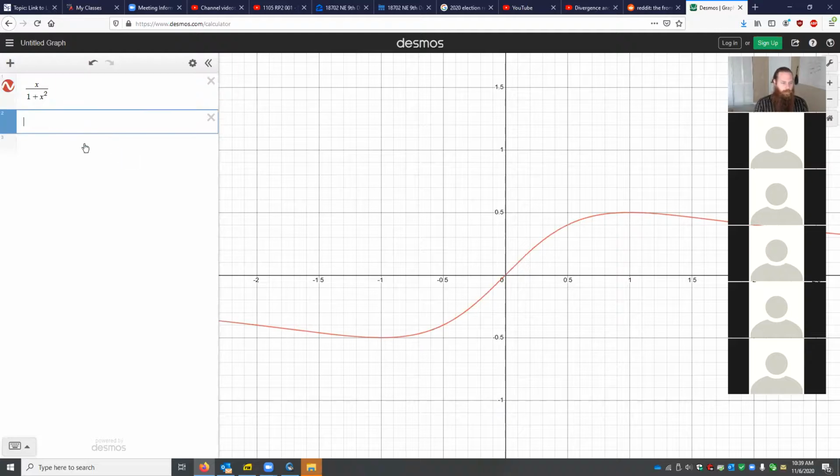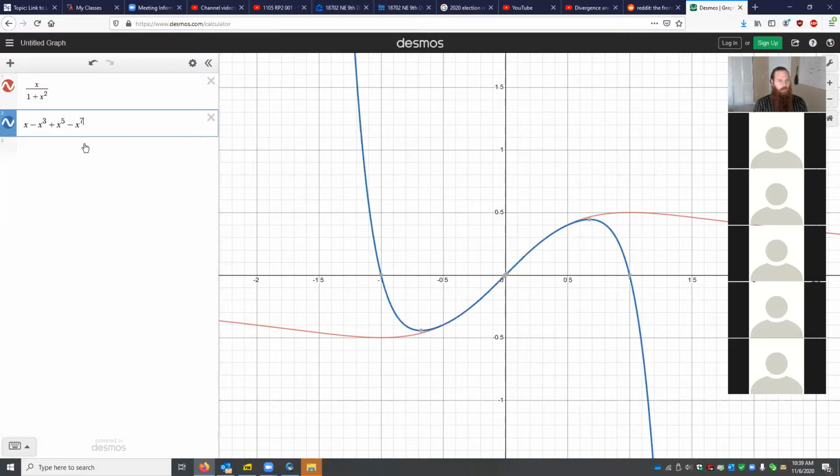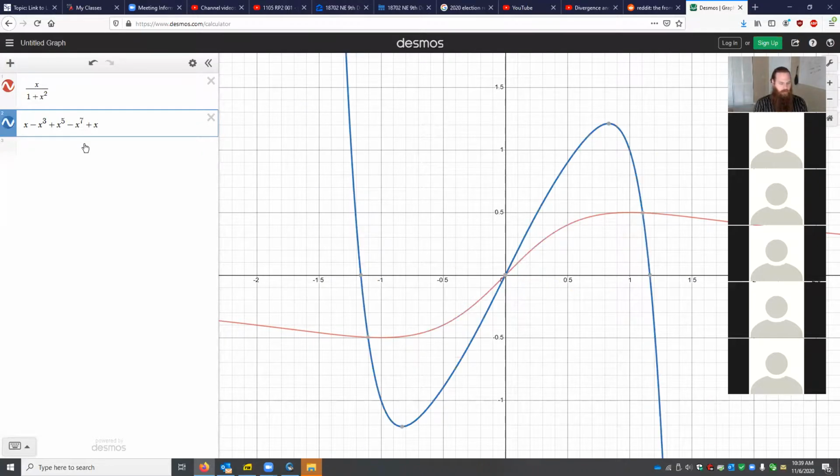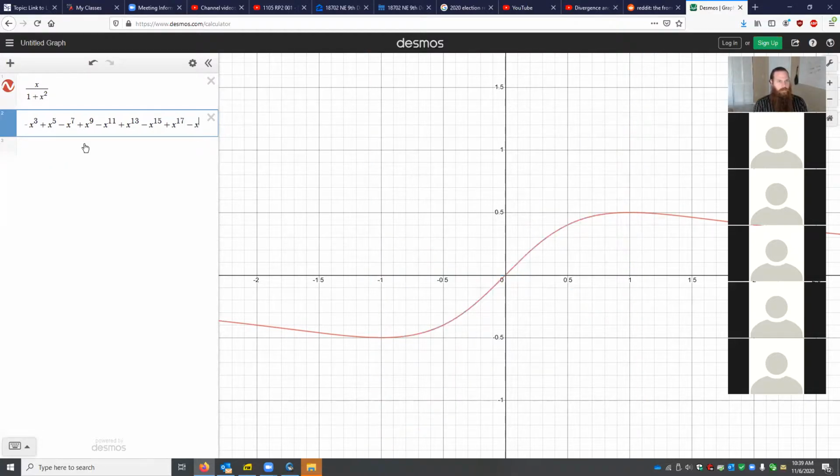The power series that we came up with for this was x minus x cubed plus x to the 5 minus x to the 7 plus x to the 9 minus x to the 11 plus x to the 13 minus x to the 15 plus x to the 17 minus x to the 19 plus x to the 21 minus x to the 23 plus x to the 25 and so on. Let's do one more. Minus x to the 27.